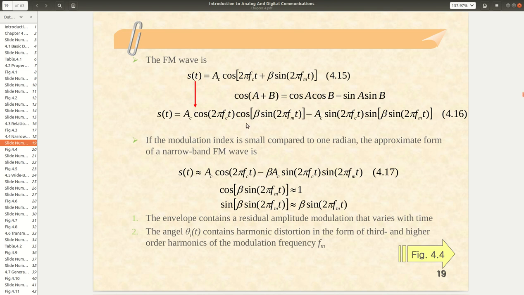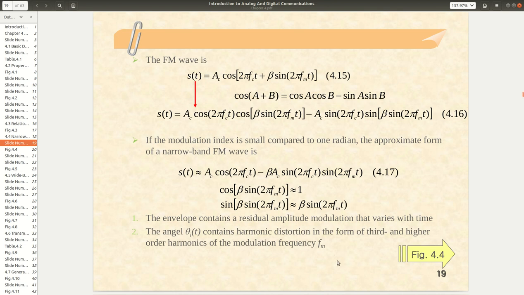We can use cosine of beta sine 2π f_m t as equal to 1, and sine of beta sine is equal to what is inside, so it is beta sine. So you can take this assumption and put it here. So this is 1, so what is left is A_c cosine 2π f_c t, minus, you just remove this sign from outside, so it is A_c sine 2π f_c t multiplied by sine 2π f_m t.